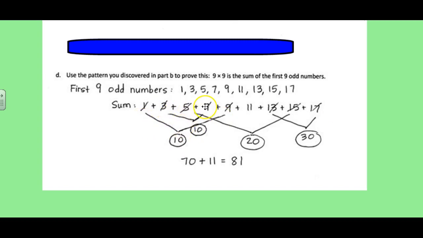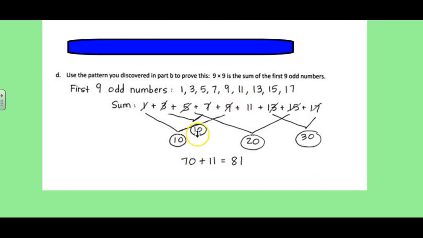I put 7 and 3 together to make 10, and that's what I did previously. I put the 5 with the 15 to make 20, and then I put the 13 and the 17 together to make 30, and then left over I have 11.